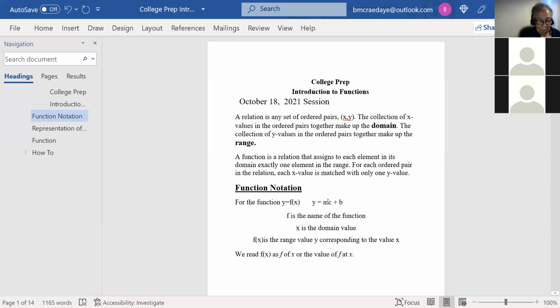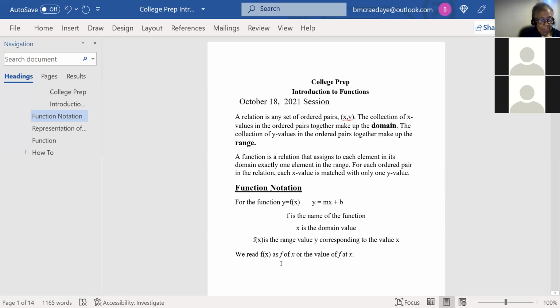So instead of saying Y, we say F of X, so Y equals MX plus B becomes F of X equals MX plus B. If you have a value of X, you could solve for it knowing what M and B are. X is the domain, and the Y, or F of X, is the value that's dependent upon X. So X is independent, Y is dependent.